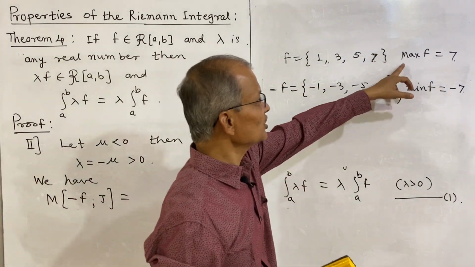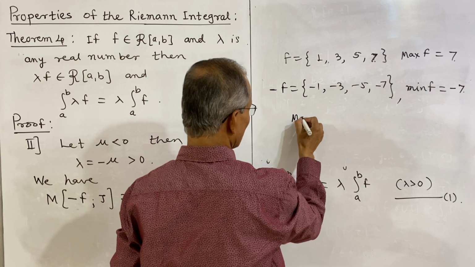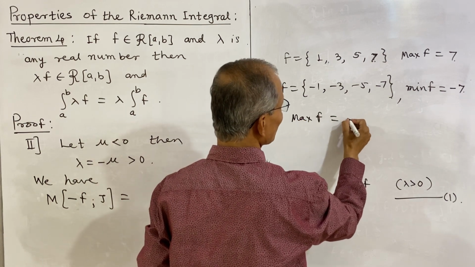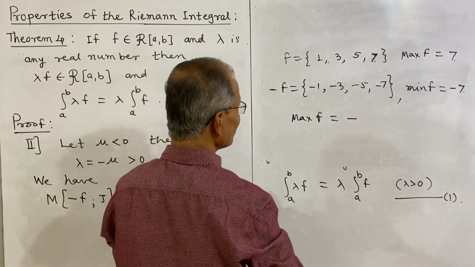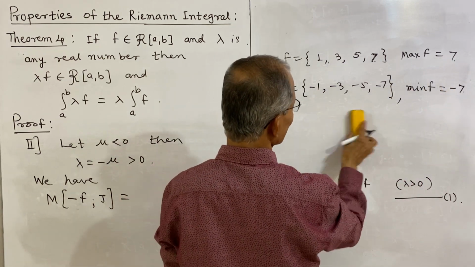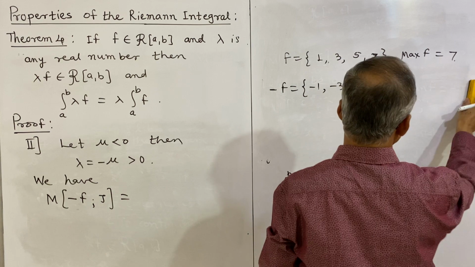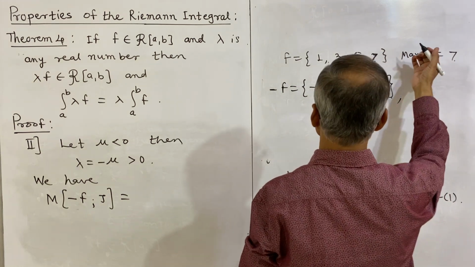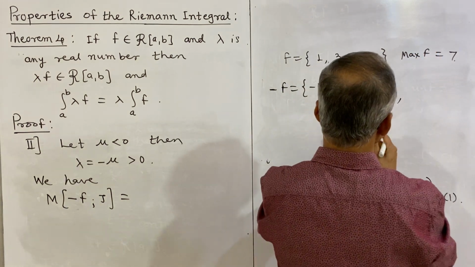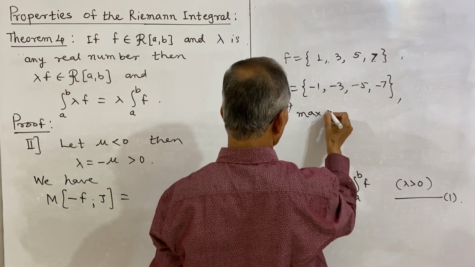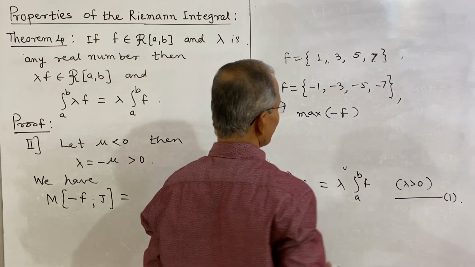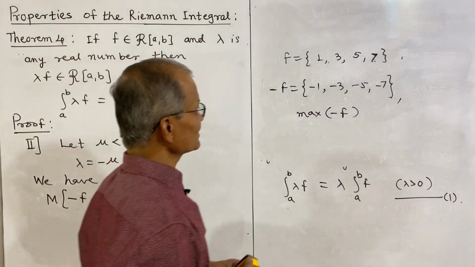And therefore the relation is that the maximum of f is equal to the negative of, see, this value is 7, the maximum of negative f. So we should consider the maximum value of this, and the minimum value of this we should write. So I shall consider the maximum of minus f. What will be the maximum of minus f?